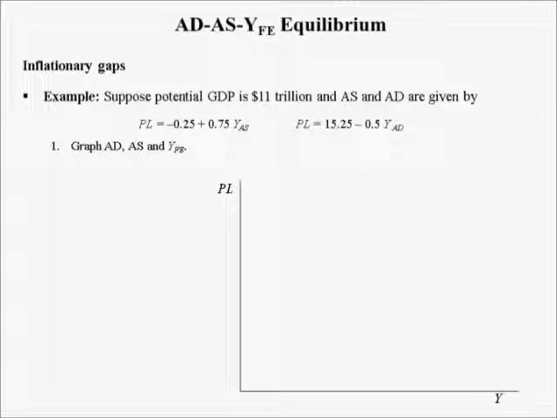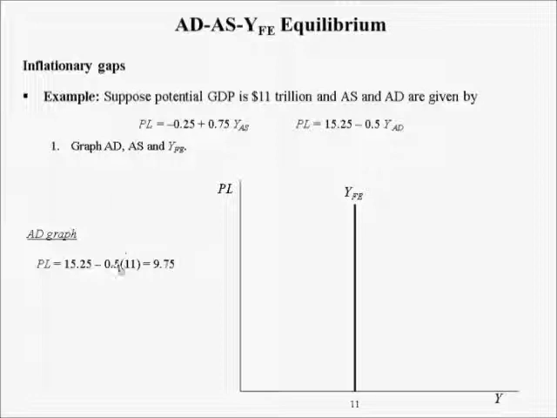Okay, so first of all, given to you is the fact that potential GDP or full employment output is $11 trillion. So first we're going to graph the demand curve. And I know this is the demand curve because, again, the slope is negative. One real quick, efficient way to do this is instead of picking some random GDP level, pick the potential GDP level.